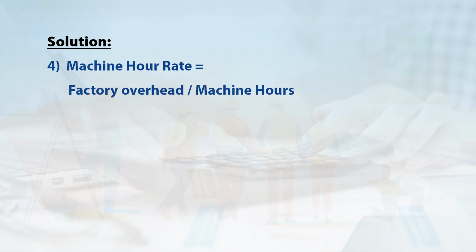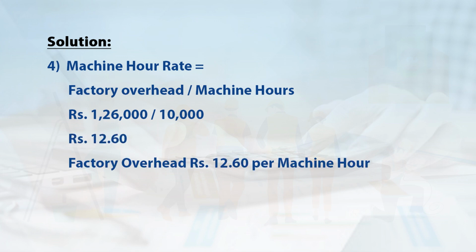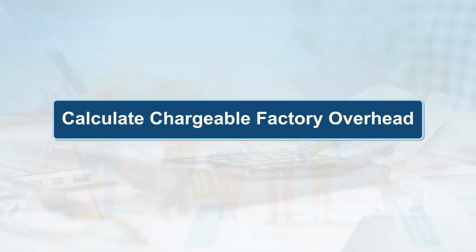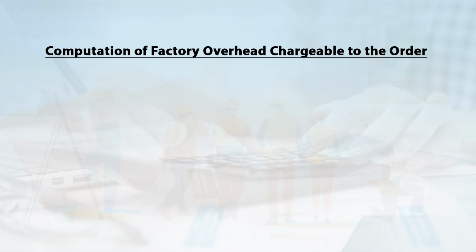Formula is factory overhead divided by machine hours, that is 1,26,000 divided by 10,000 machine hours, which will give us rupees 12.60 per machine hour. It means factory overhead is rupees 12.60 per machine hour. Now, we will calculate chargeable factory overhead. Calculation of factory overhead chargeable to the order.